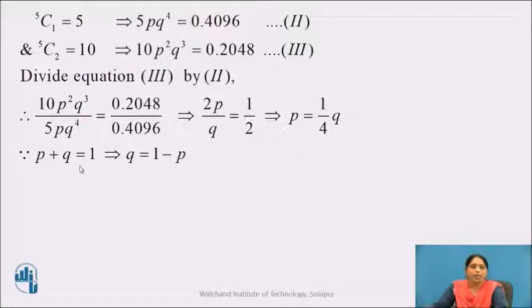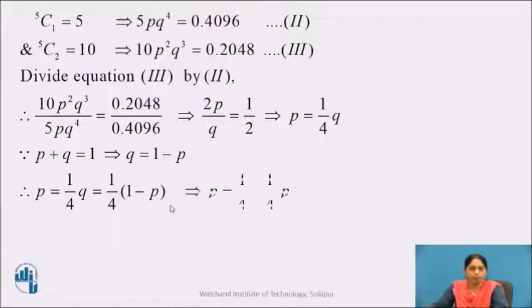As we know that p plus q equals 1, q equals 1 minus p. So substituting q equals 1 minus p in p equals 1 by 4q, we get p equals 1 by 4 into the bracket 1 minus p, which can be written as p equals 1 by 4 minus 1 by 4p.